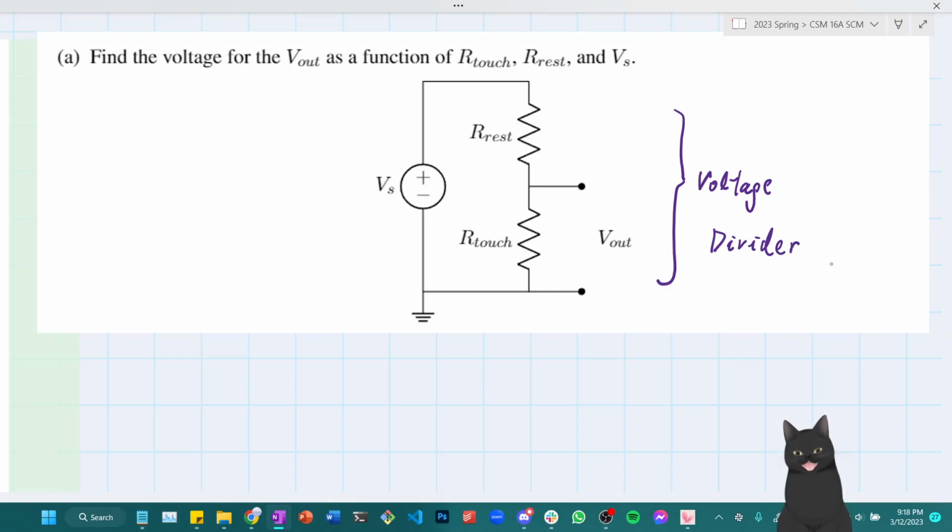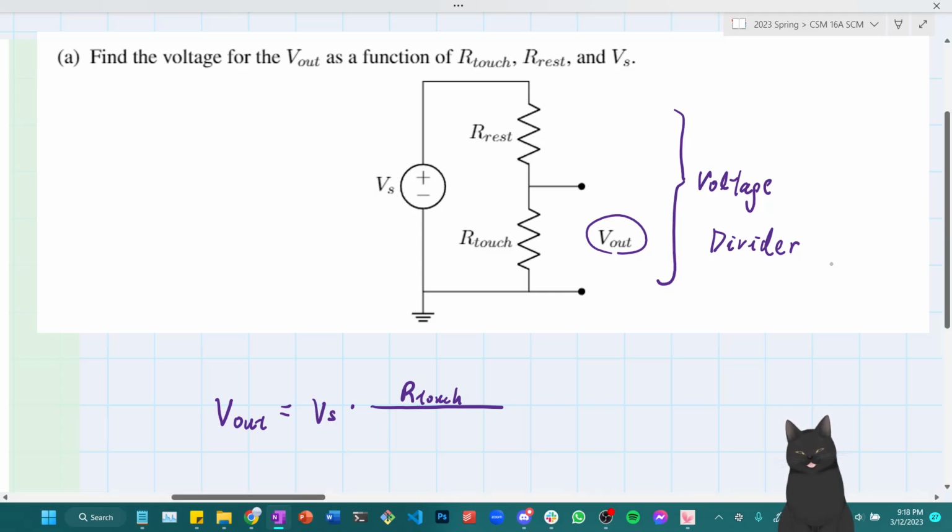The voltage that it's outputting is equal to a fraction of the original supplied voltage, and the fraction is written as the resistance that this V out voltage is over, divided by the sum of resistors that are in series that are receiving this supply voltage source. So that'll be our rest plus our touch.